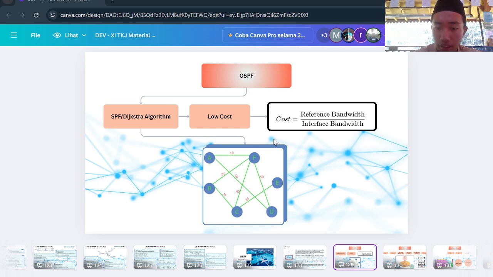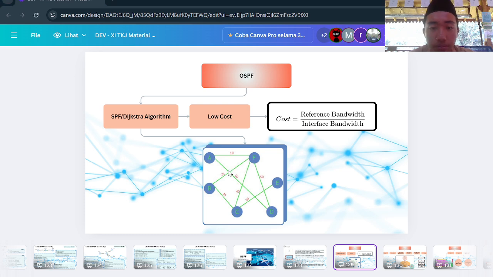Using a metric. The formula is reference bandwidth divided by the interface bandwidth. The default reference bandwidth is 100 Mbps. For example, Fast Ethernet 100 Mbps, so the cost is 1. And Gigabit Ethernet 1000 Mbps, the cost is also 1 because it is rounded down, so it needs a reference bandwidth adjustment.